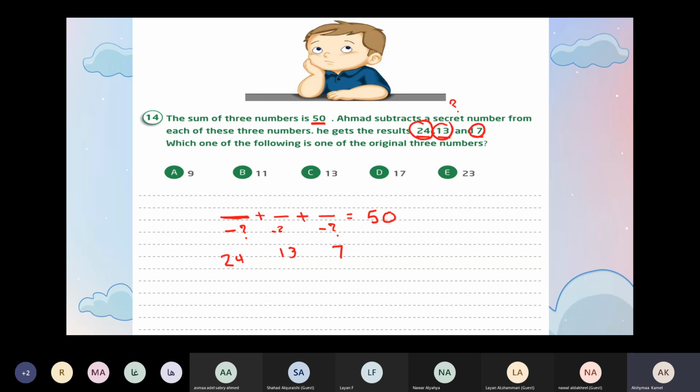When I add 24 plus 13 plus 7, it equals what, Shahad? 24 plus 13 plus 7. We can write them up.